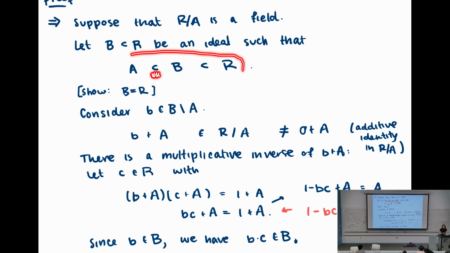B contains A and B is contained in R. Then we need to show that B is either equal to A or it's equal to R, right? So if B is equal to A, then we're done. So let's just assume that B is not equal to A and then show that it's equal to R.